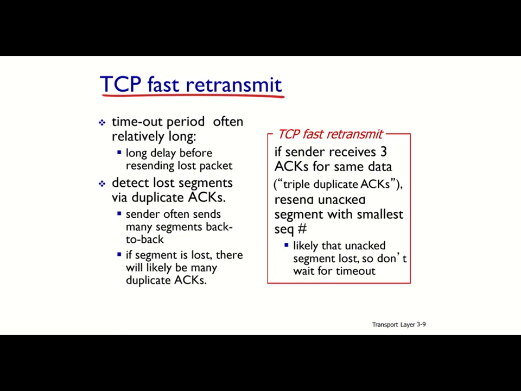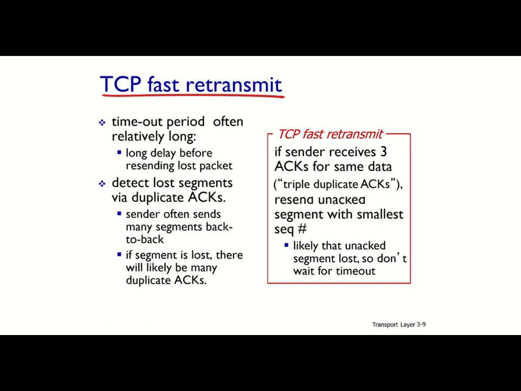There are some other ways that we can find signs of lost segments. For example, if you receive a lot of duplicate acknowledgements for the same data, then you should be suspicious that your data has been lost in the network, even if we have not yet reached the timeout period. So you don't need to wait till the end of the timeout period before retransmitting data. You can simply retransmit data if you receive a lot of duplicate ACKs for the same data.